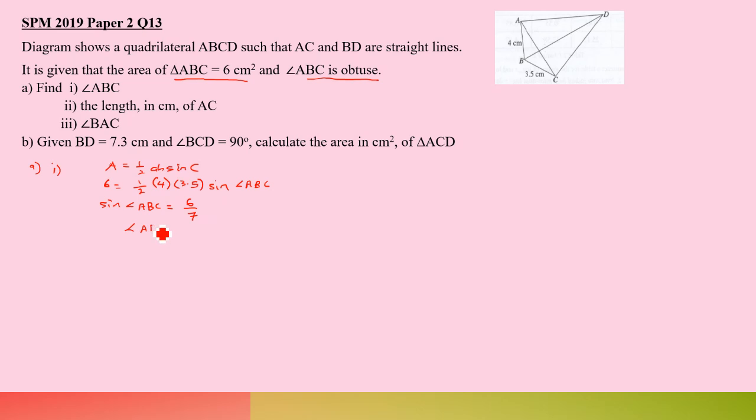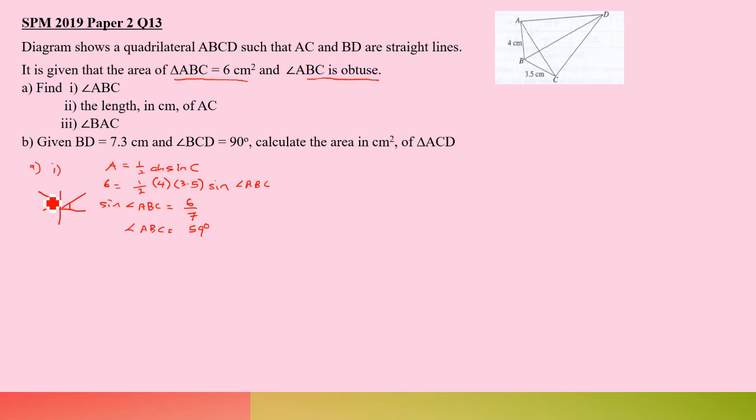You might be given just one answer, which will be 59 degrees. But remember, the word is obtuse angle. So recall back, when you draw a quadrant, sine is positive in the first quadrant and in the second quadrant. So it can be 59 here or 59 here. If the angle is 59 in the second quadrant, what is the angle from the base 0 to here?